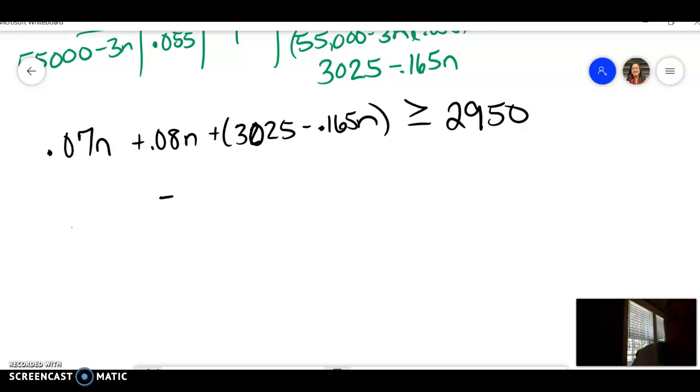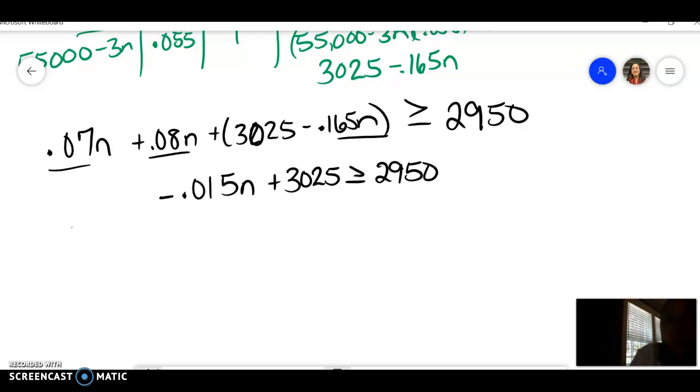So if I combine those like terms, 0.07, 0.08, 0.165, that would give me a negative 0.015n plus 3,025, greater than or equal to 2,950.